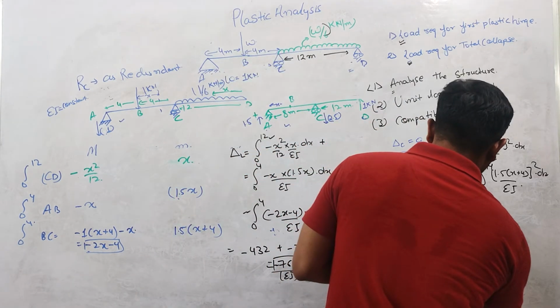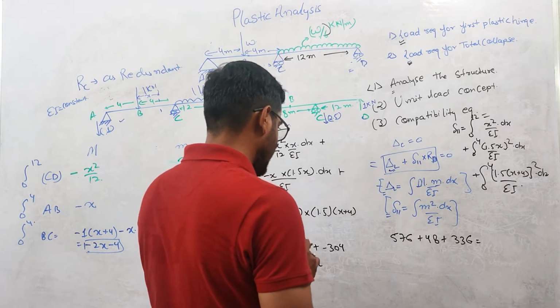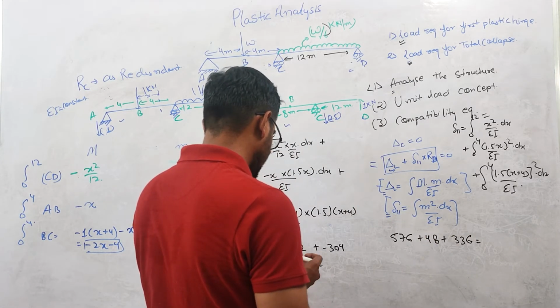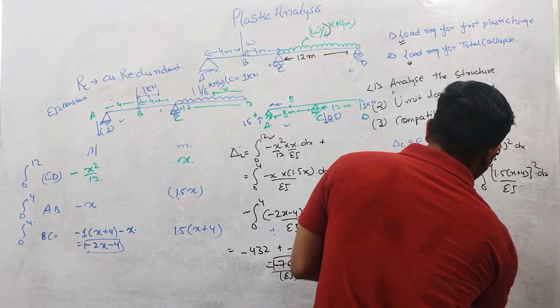So this is 336. Okay, so total value will be 336 plus 48 plus 576. So this is 960 over EI, right.